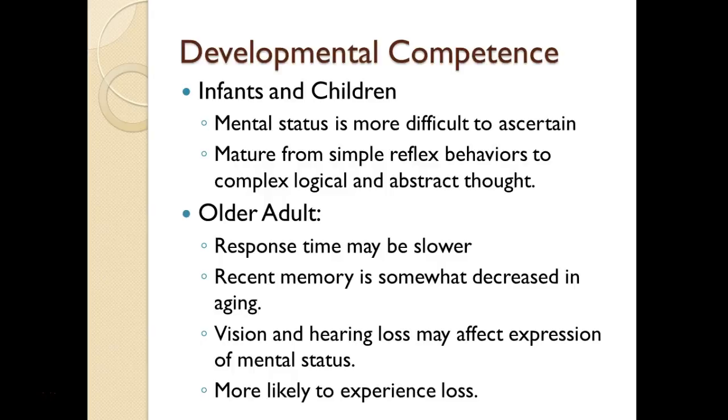Also understand that it may take them longer to respond to questions. We may see a decrease in their recent memory. Older adults tend to have good memories of early life, but recent memory may be affected.